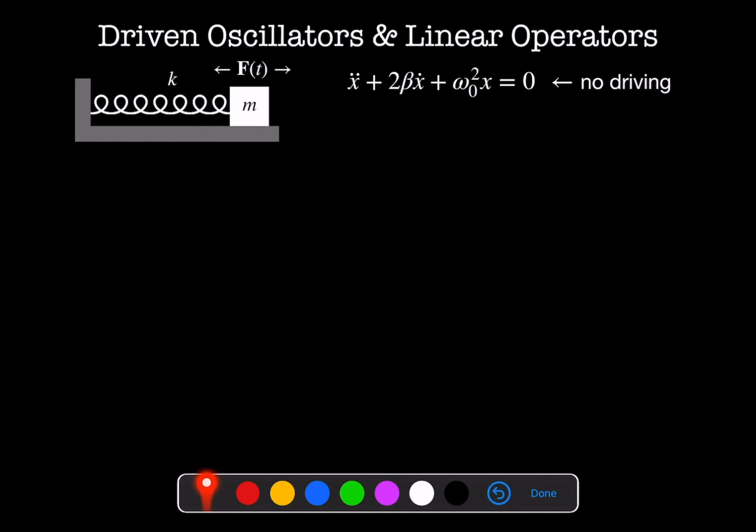The driven oscillator is basically the regular oscillator that we talked about last week. This is just a regular damped oscillator, and then we're going to imagine that there's a force acting on the mass that's going to depend on time. x double dot plus 2 beta x dot plus omega naught squared x is equal to the driving force divided by the mass.